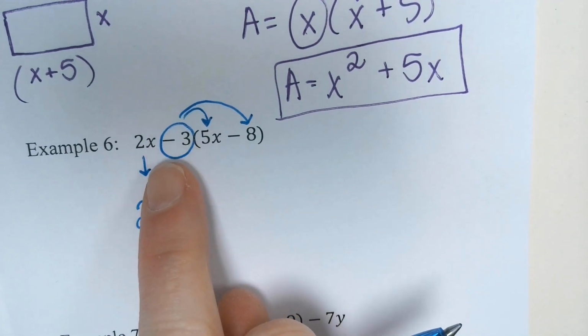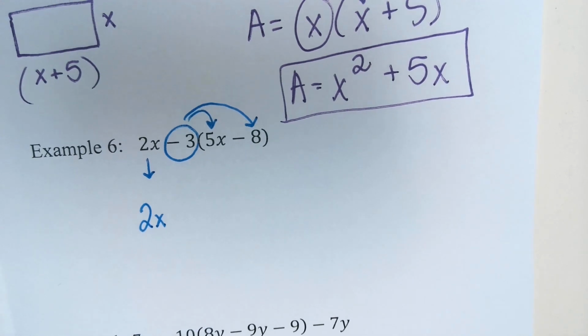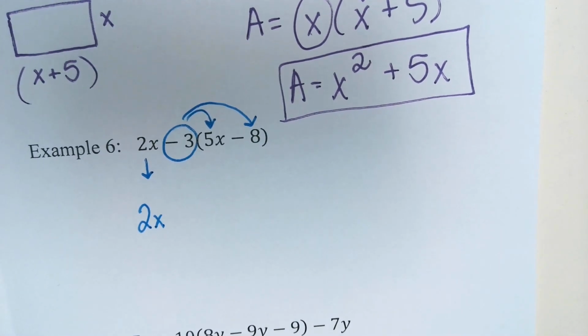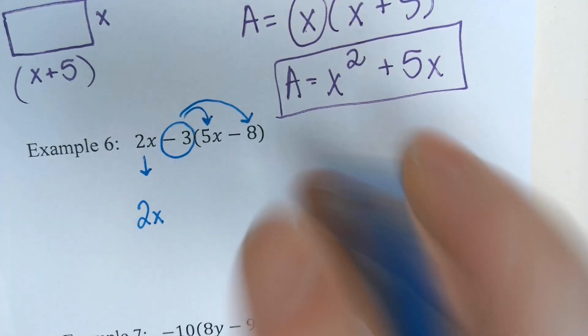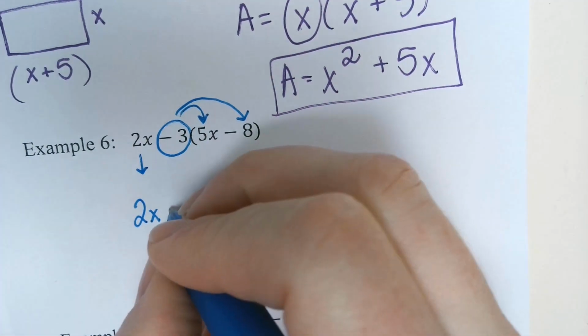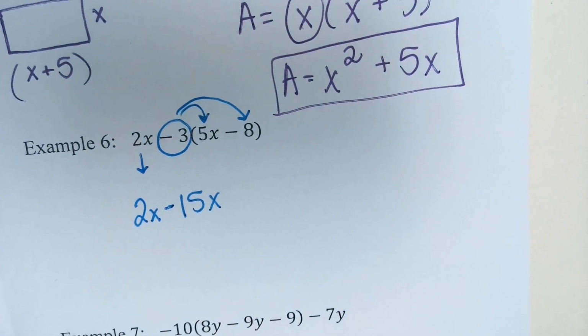Multiply. All right, so negative 3 times 5x would be negative 15x, or minus 15x.